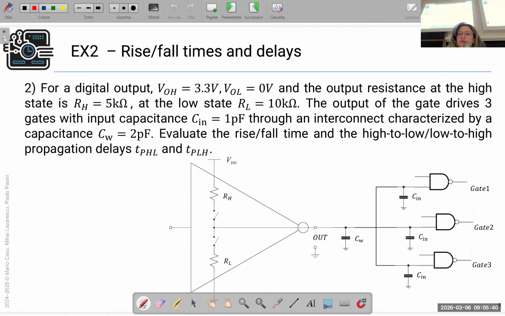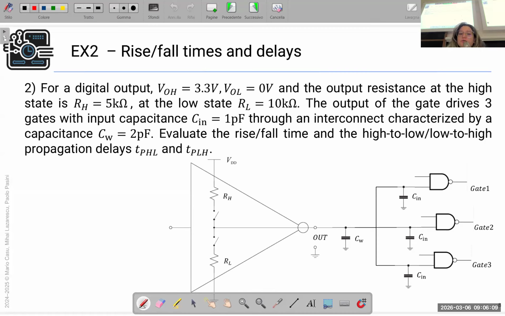At the low state, the resistance is 10 kilo ohm. The output of the gates drives three gates, whose input capacitance is 1 picofarad, through an interconnect characterized by a capacitance of 2 picofarad. Evaluate the rise and fall time and the high to low and low to high propagation delay, TPHL and TPLH.